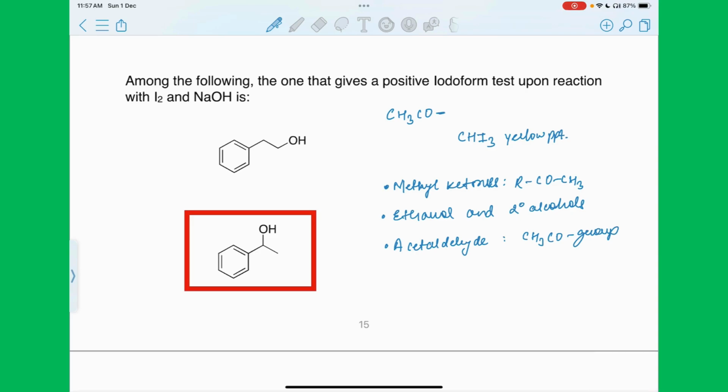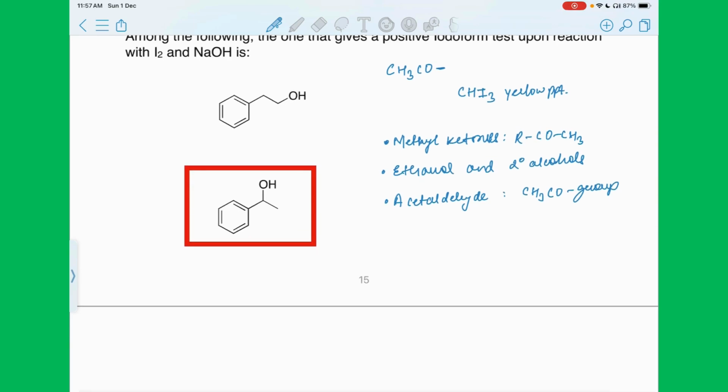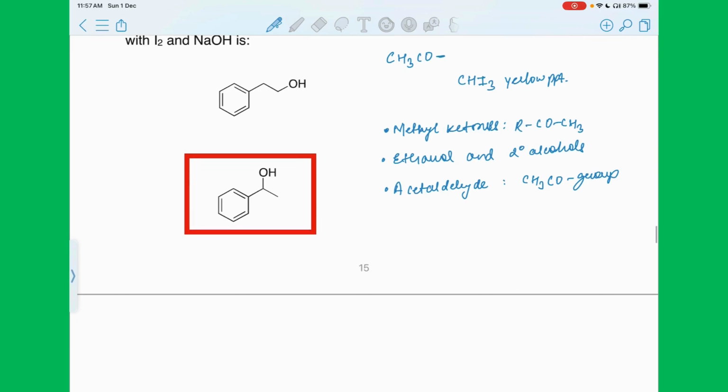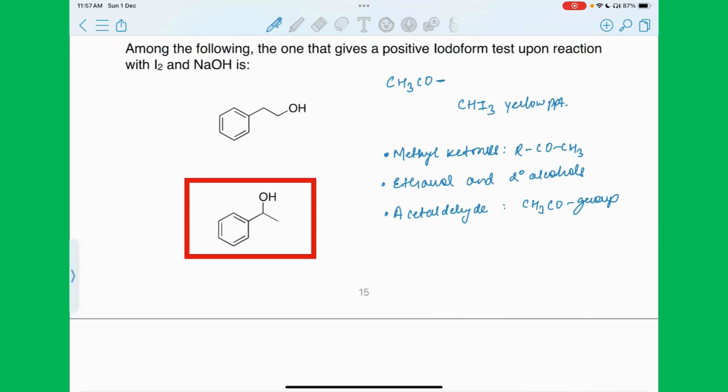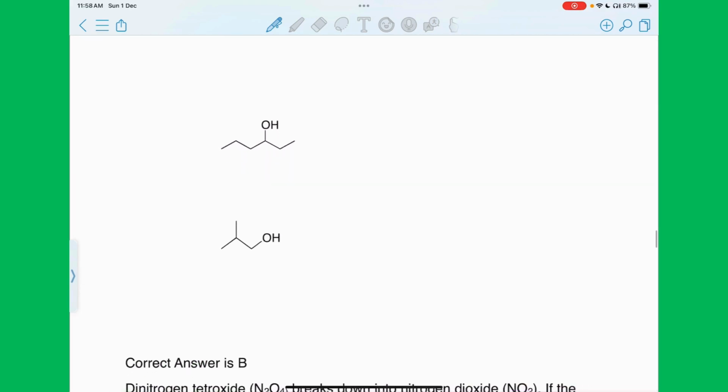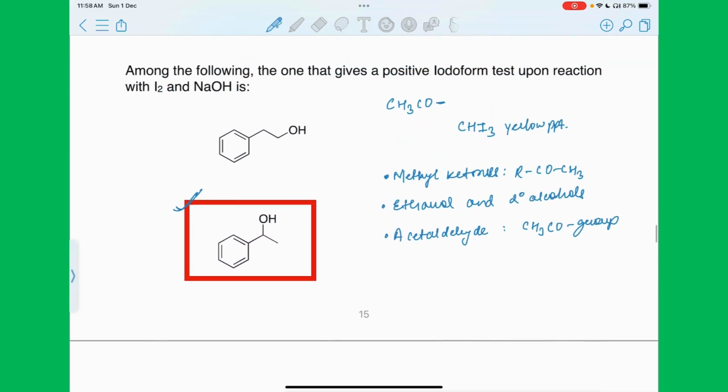So there is only one option which contains a CH3CO group, or this is a secondary alcohol containing group. Therefore, the correct option is option number second.